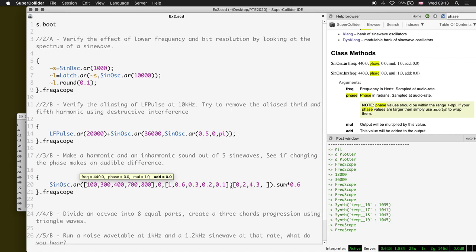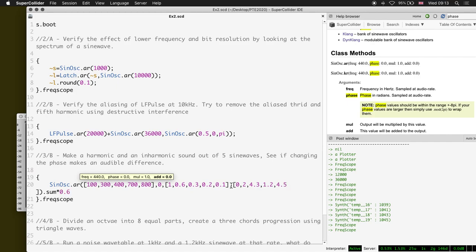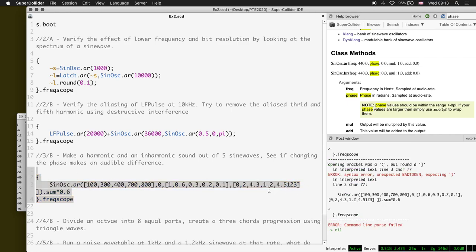Up to 6.243, 1.2, 4.5. Make it a bit more unreal because otherwise there is a common denominator. 1, 2, 3, 4, 5. Okay, I'm happy with those. And let's hear it, providing I have not made a typo.